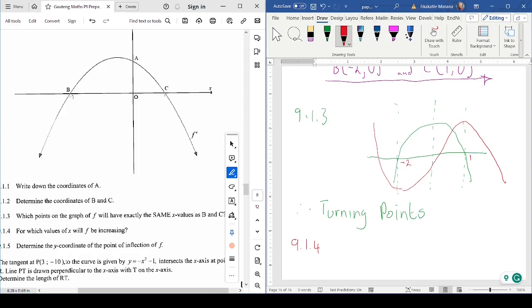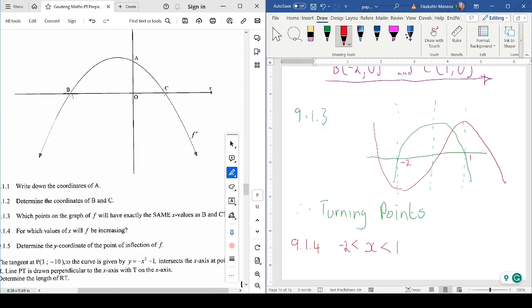So how do we write that? These are the values of x, starting at -2 and ending at 1. So you leave it like that. That's just it. Nothing more, nothing less.